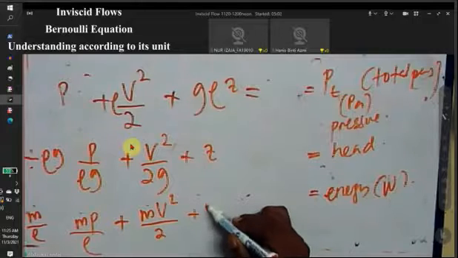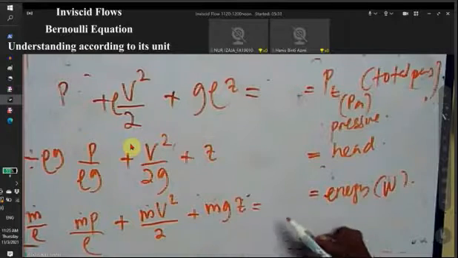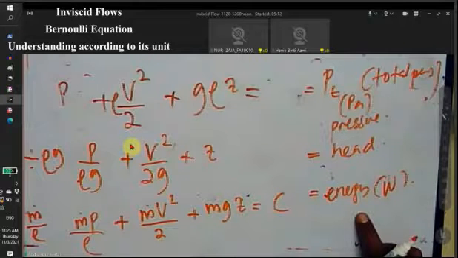And then m dot g z equals a constant. So this one will be in the form of energy.